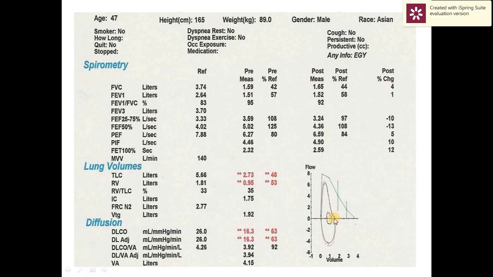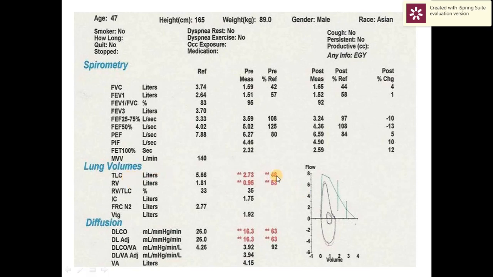By looking at the flow volume loop, it is almost the same as normal, but smaller in size, both the inspiratory loop and the expiratory loop. It is a restrictive pattern in spirometry, with post-bronchodilator approximately 1% improvement.